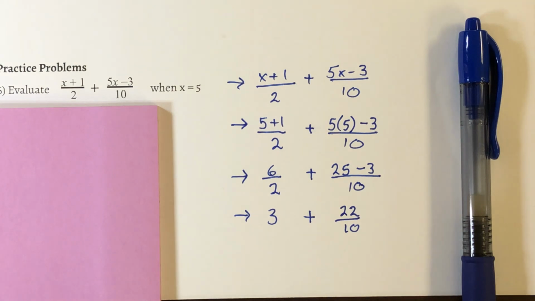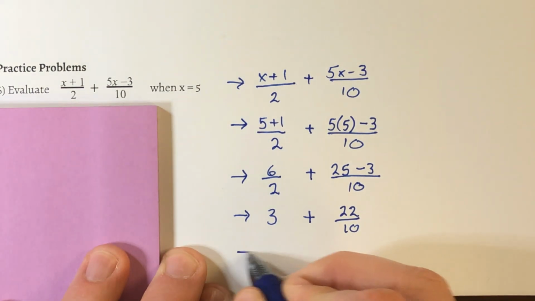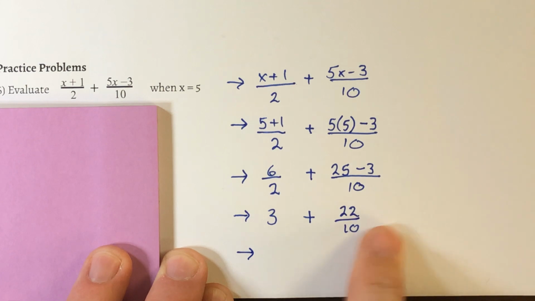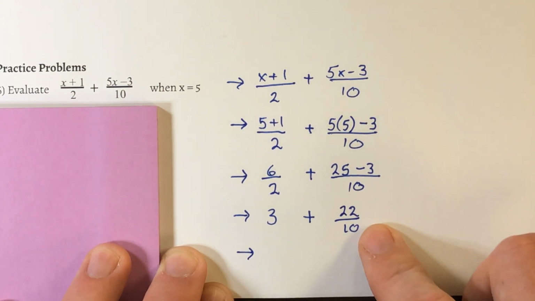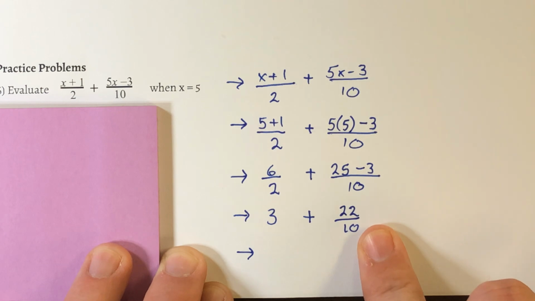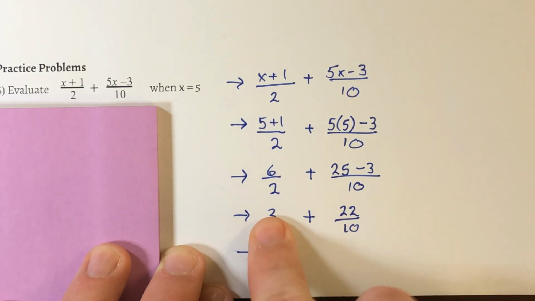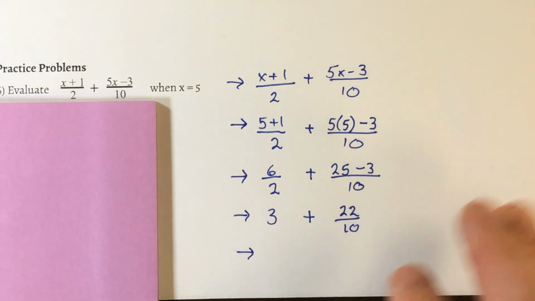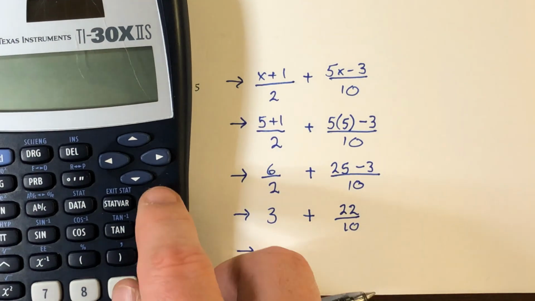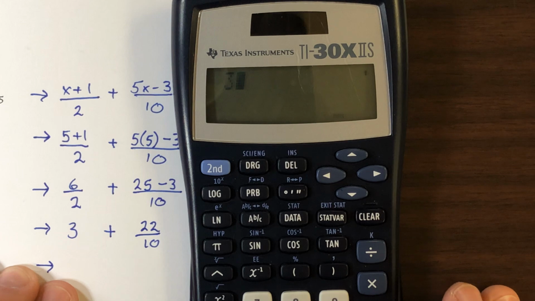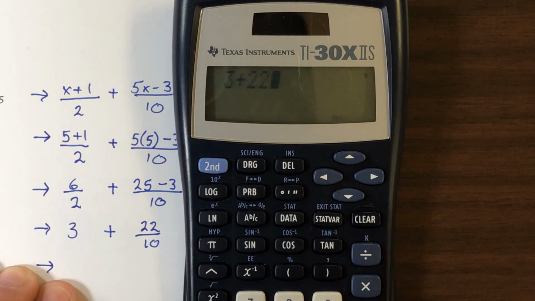All right, next. I have addition and division. So technically we should do 22 divided by 10, but that's not going to be as nice. So what are we going to do? We're going to leave this as a fraction and treat this as a plain old addition problem. 3 plus 22 tenths. So I'm going to use our resource here, this nice calculator. So we're going to do 3 plus 22 tenths.